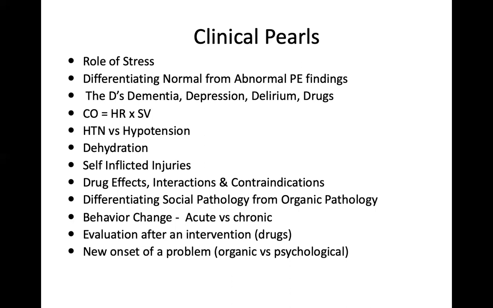That was the test of a medication, or a test over time would be, let's see what happens with it, or the test of the medication is take the med, and if it makes you feel better, then that was good. New onset of a problem, again, that's that organic versus psychological. So it's important to kind of think that through.